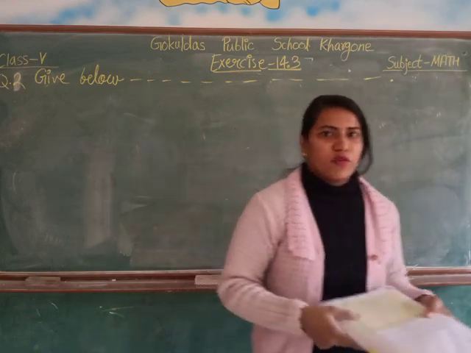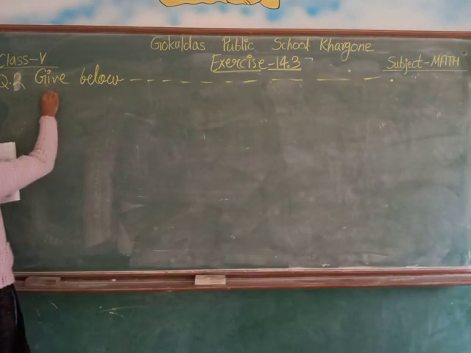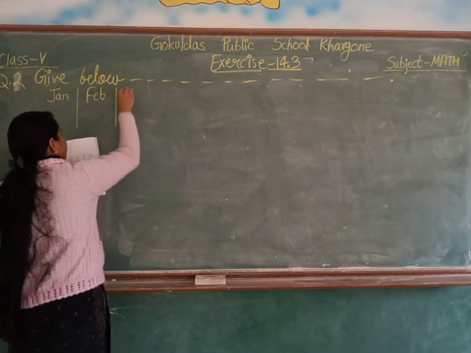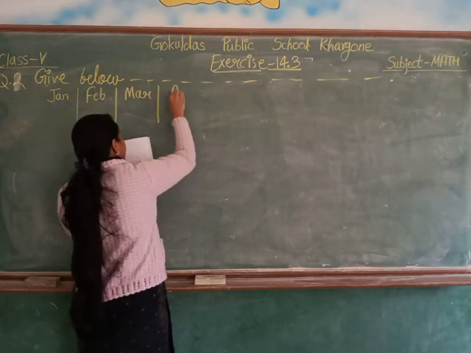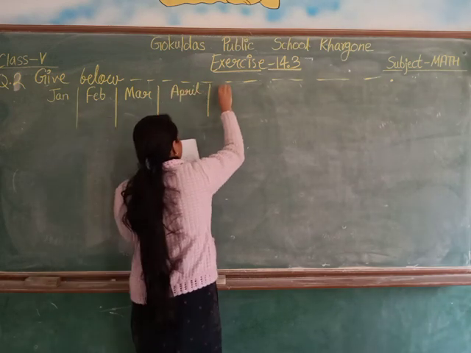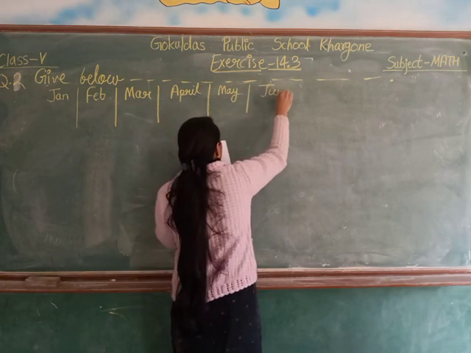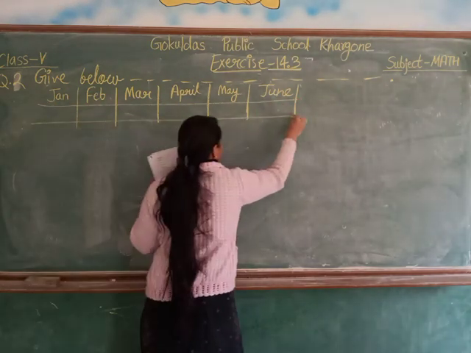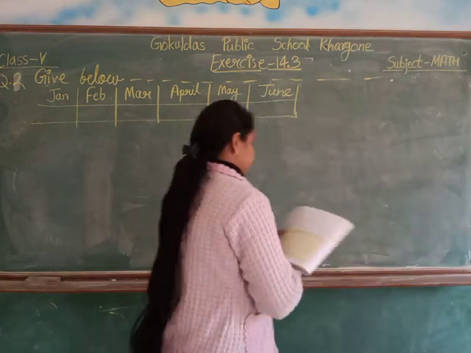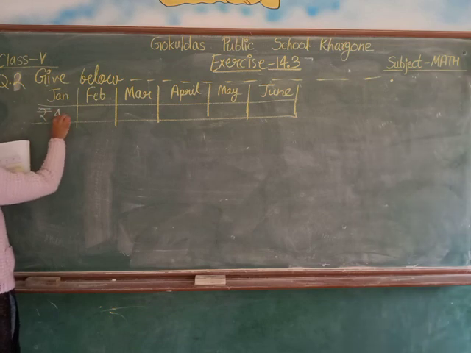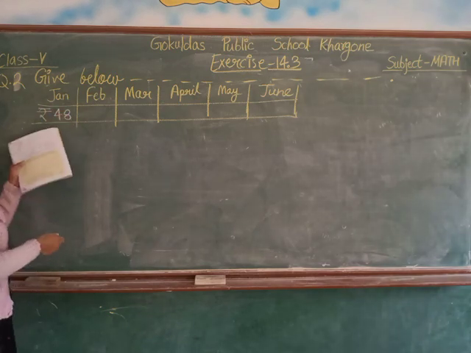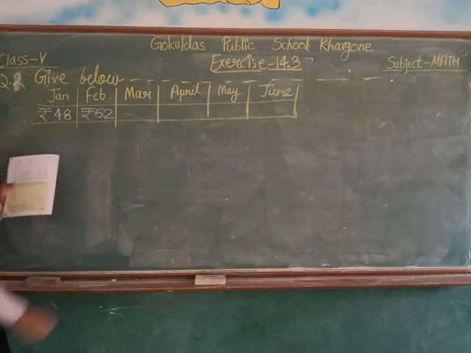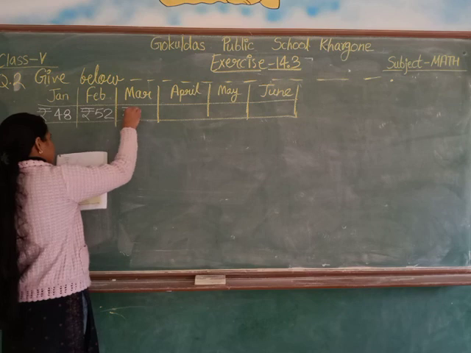In the following table. So I am drawing the table on the board. In March the price was 70 rupees.